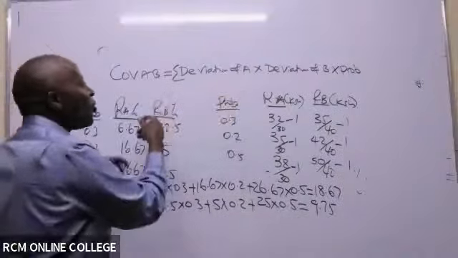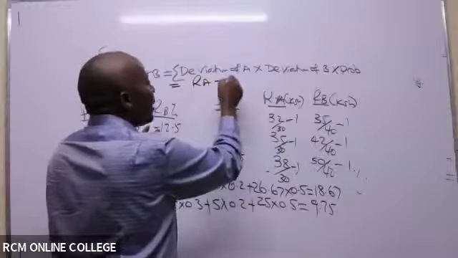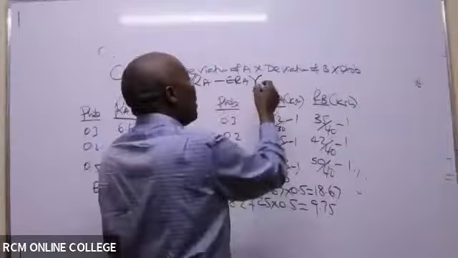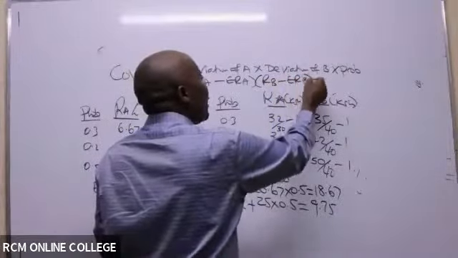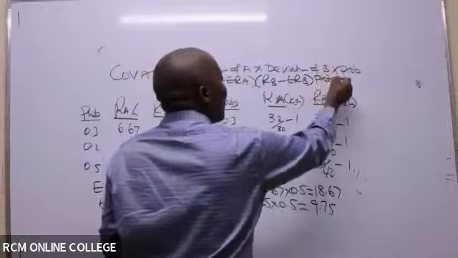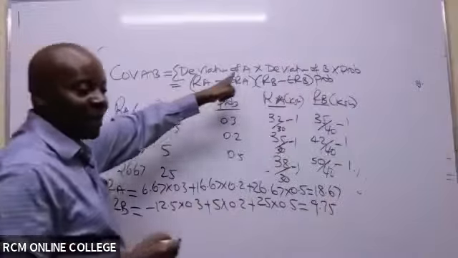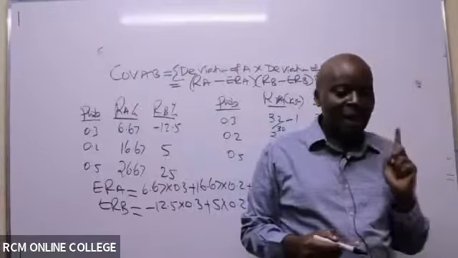How do we get these deviations? It's very easy. You take the returns of A minus expected returns of A, into the returns of B minus expected return of B, and then you multiply with the probability. This is a formula that everybody should be able to master.